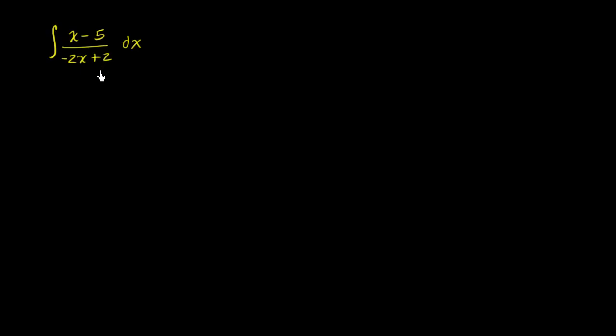So let's do a little bit of algebraic long division to divide negative 2x plus 2 into x minus 5, to see if we can rewrite this in a way where we can evaluate the integral. We're going to take x minus 5 and divide negative 2x plus 2 into that.